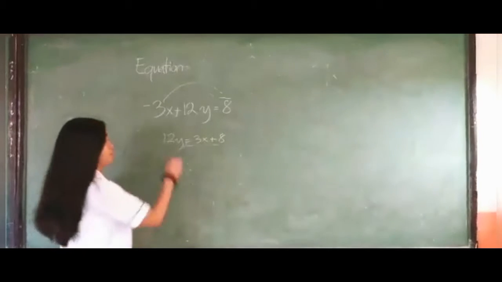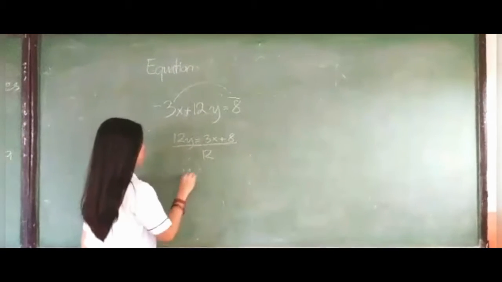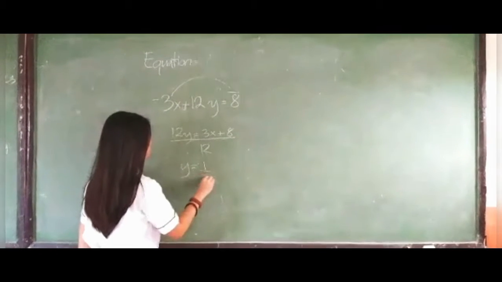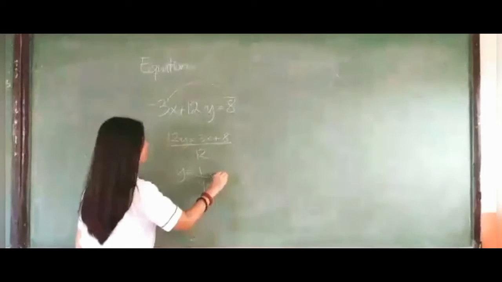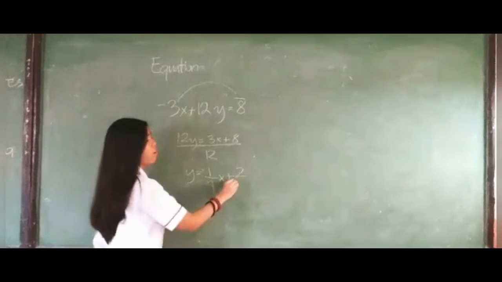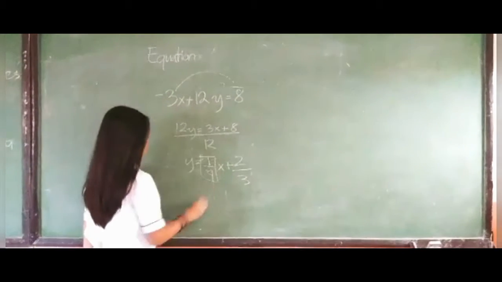You divide by 12 on both sides to make it y. 3 divided by 12 would be 1/4 x plus 2 over 3. And your slope would be 1/4.